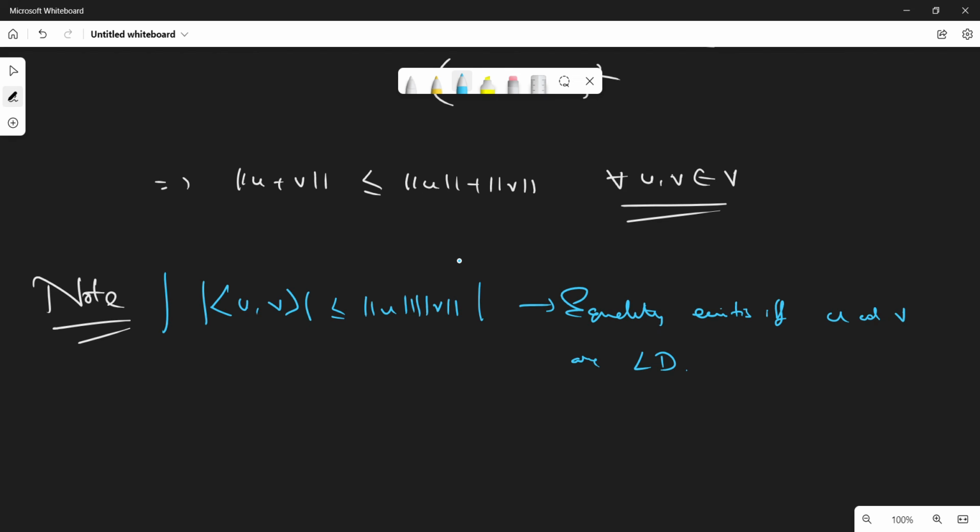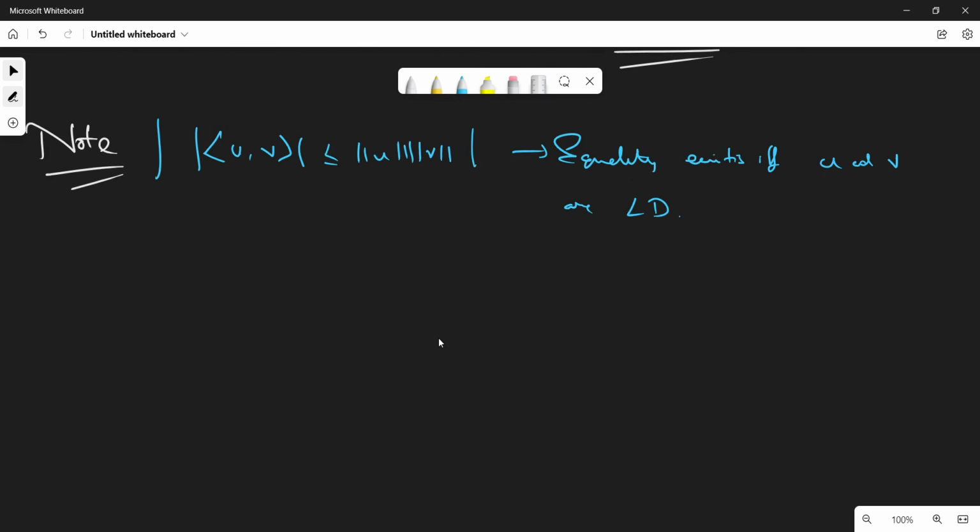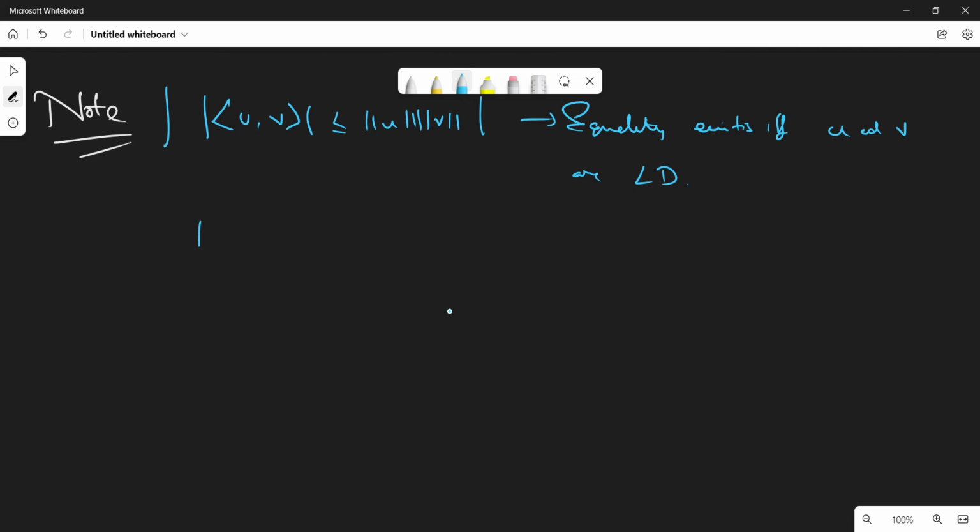Just see, for equality to exist, what we need to have is that this must be equal to 0, or we can say norm of this must be equal to 0, which is a biconditional statement which says w is equal to 0.